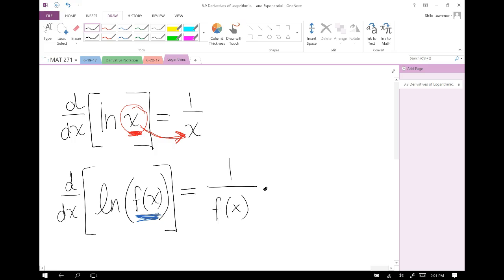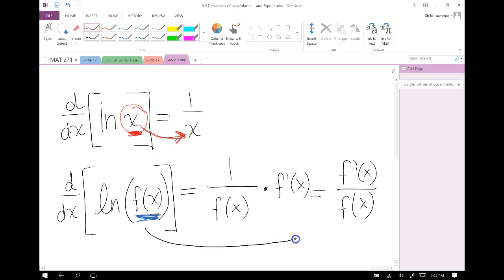So the inside stuff is the f of x. So we also have to multiply by f prime of x. So we can simplify this and say, well, this is really just f prime in the top and regular f in the bottom. And we could just go straight to there.